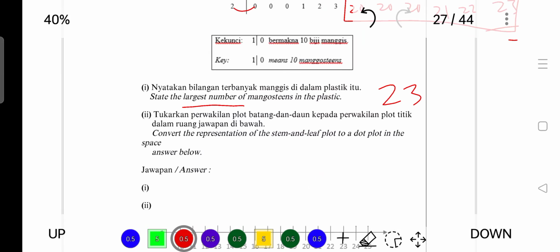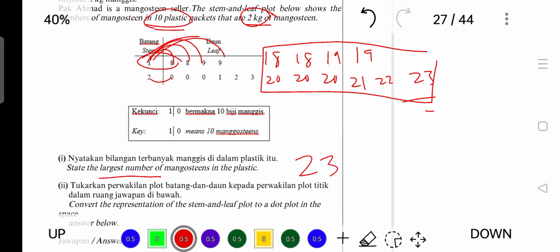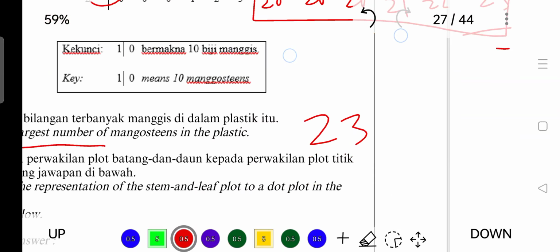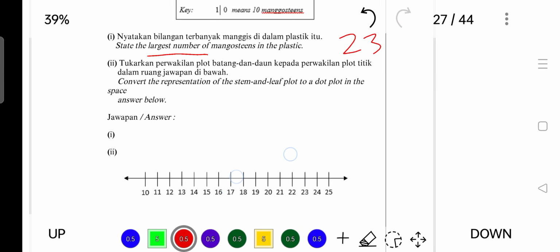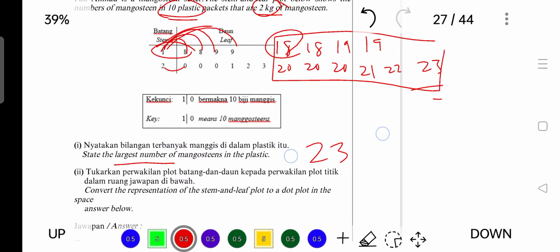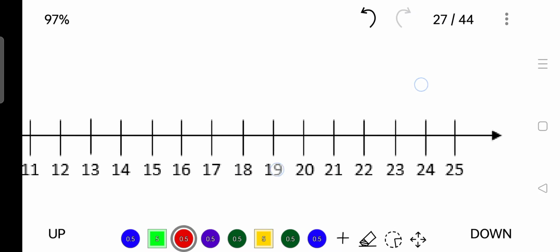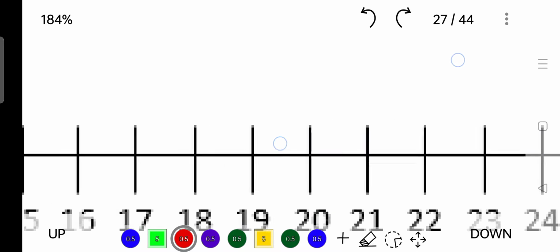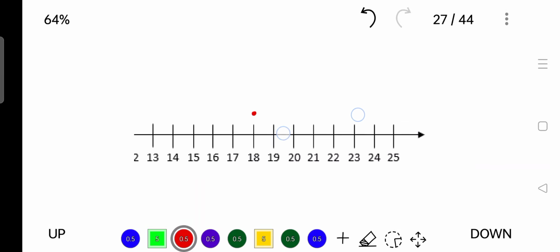So it's not difficult at all because you have the answers here. This is a dot plot, right? Very easy. Where's your number 18? Okay, in order to make a dot plot, you just have to make sure the dots are even, they are the same, and the space should be the same.